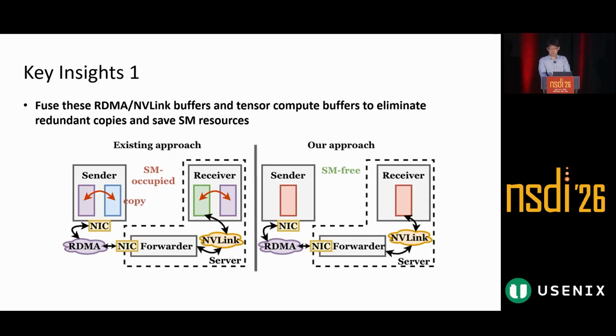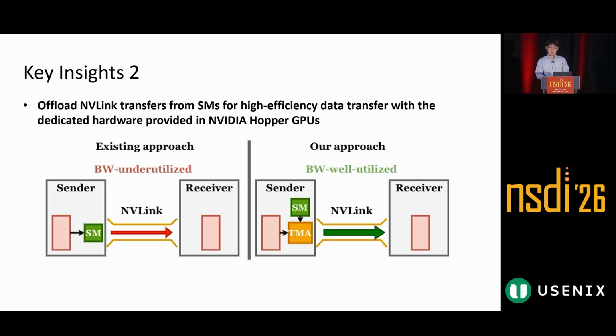These observations lead to our design insights. If we can fuse communication buffers with the tensor compute buffers, we can eliminate redundant copies and release SM resources back to computation. Our second design insight is to offload NVLink transfer from general SM threads to dedicated hardware.